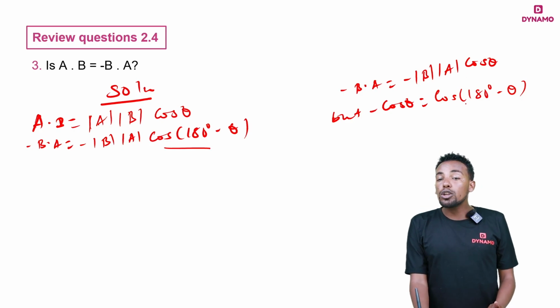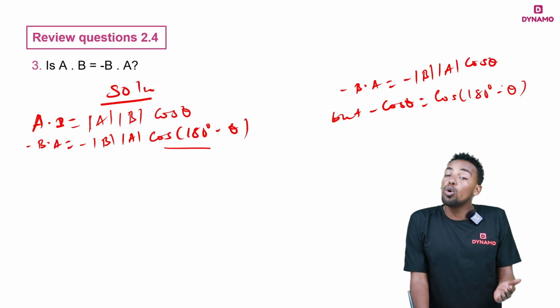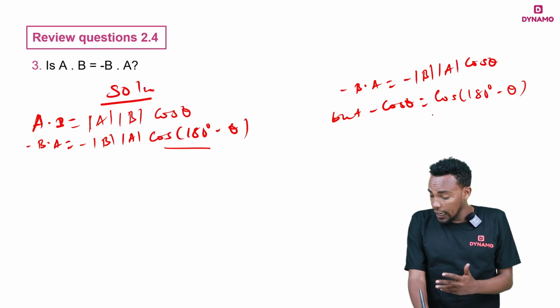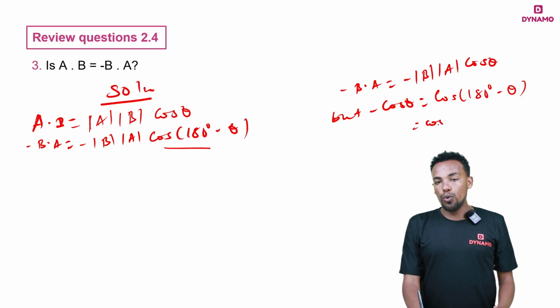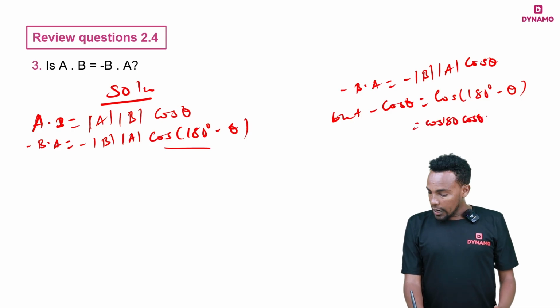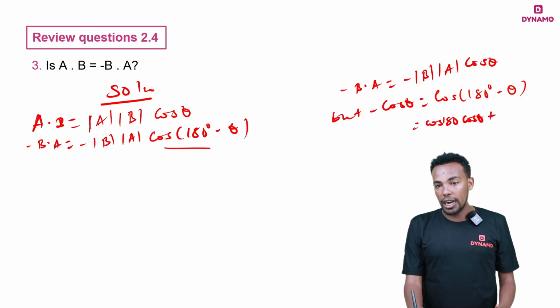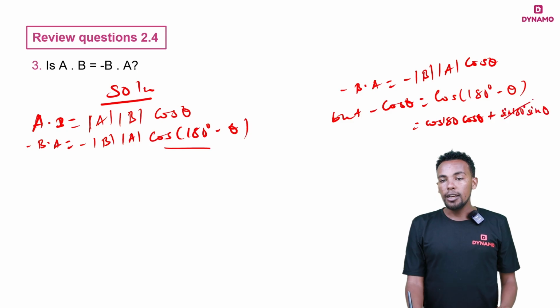Kanaafuu maal? Minus cos theta jechuun cos 180 minus theta dha kun mathematics yookaan trigonometric function irraa kan jiru jechuudha. Maaliif innaan gaafa kana distribute gootan maadha kun maal ta'a? Cos of 180 cos of what? Theta. Kanaa booda maal ta'a? Plus jettanii seera trigonometric function sin of 180 sin of theta dha jechuudha. Kanaaf kuni 0.